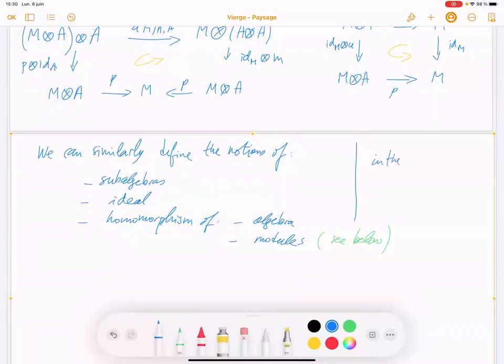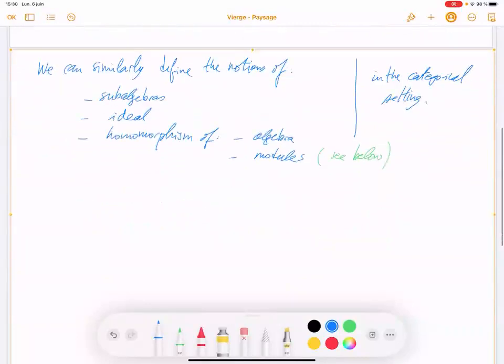In the categorical setting. Okay. And we can also define, similarly, the notion of left A module. And in fact, we will see the relation between left and right A module and taking right adjoint or left adjoint.